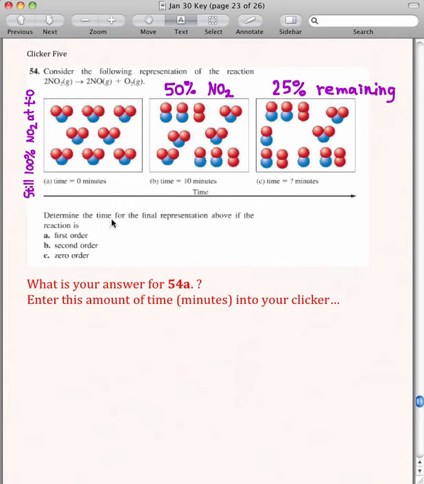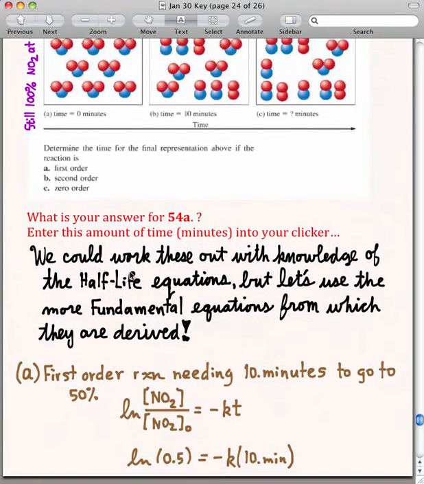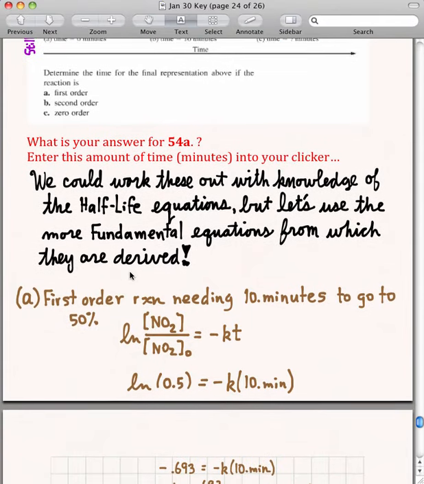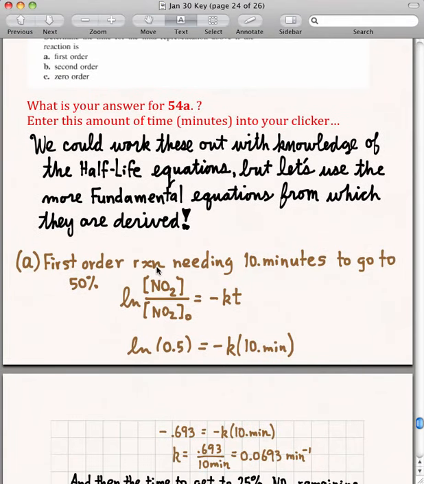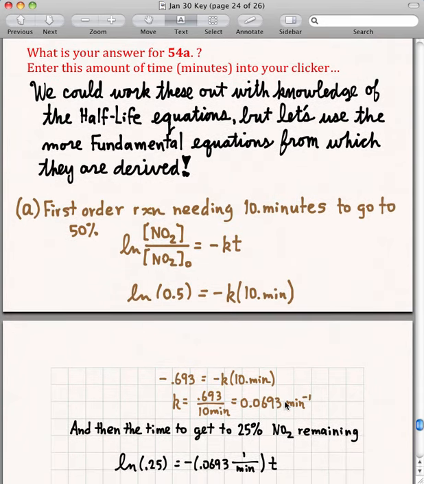But in any case, I assumed first order to begin with. And the clicker question here was to enter your answer for the first order case. So if it was really first order, in part A here, to go to 50% completion took 10 minutes. So solve for a little k, which comes out to 0.0693 1 over minutes.